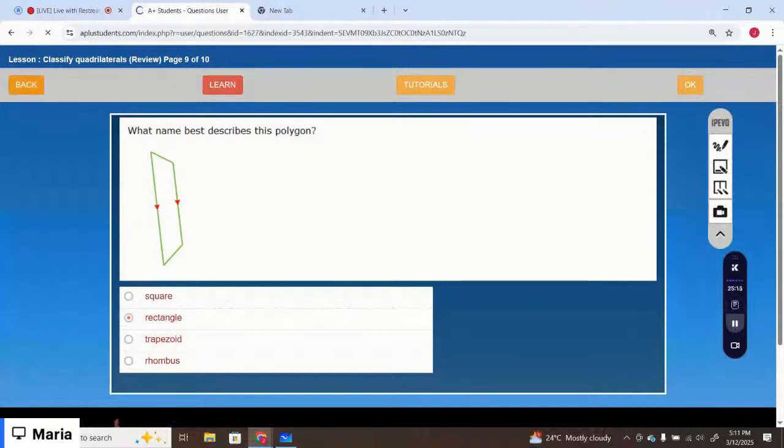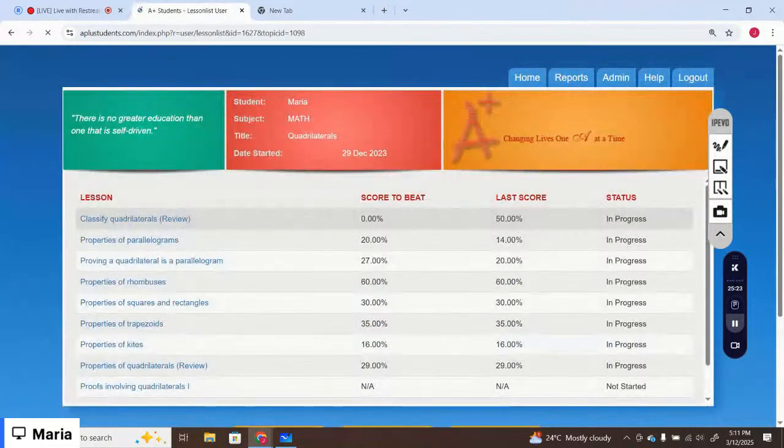Rectangle it is. Option number two is the correct option. Okay, you can complete the lesson by yourself. Now let me move to the next lesson.